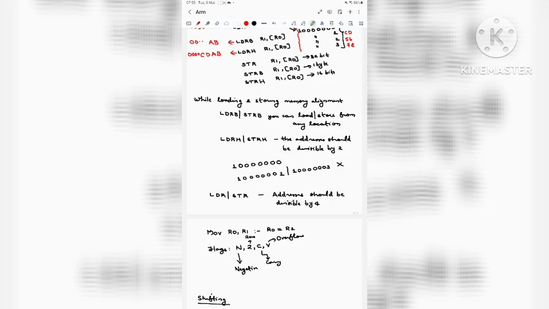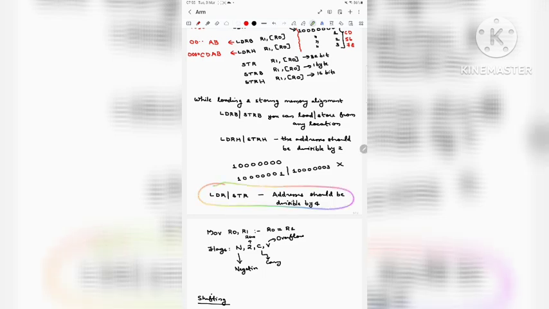You also need to remember one more thing. When you are doing ARM programming with loading and storing, you should always check for memory alignment. Memory alignment means when you do an LDR or STR, the address should be divisible by 4.